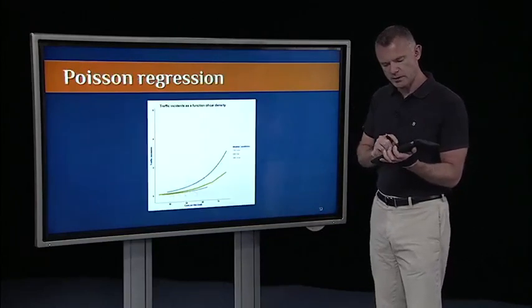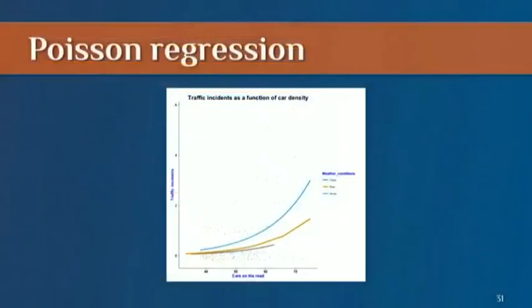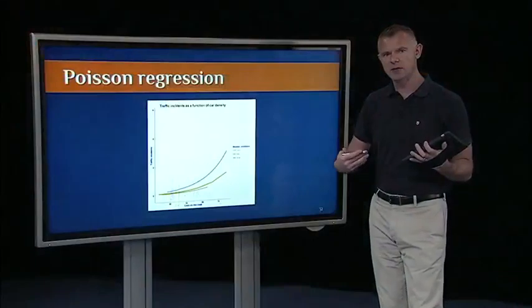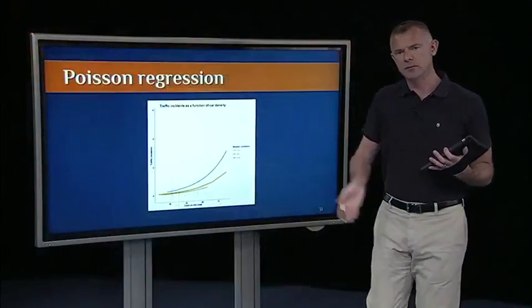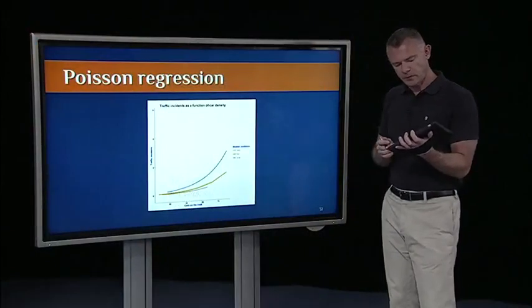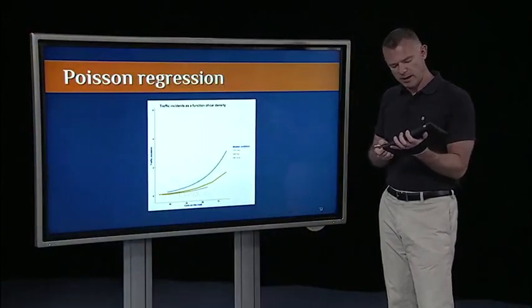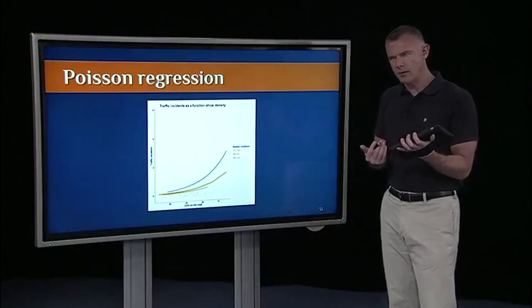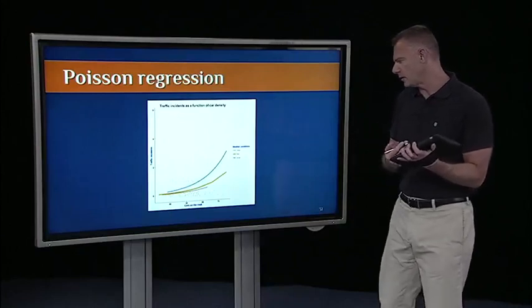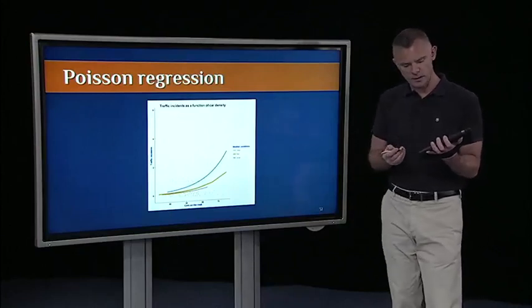So under clear weather, under rain, under snow. What you typically observe with Poisson distributions is you don't get normal distributions. You get distributions that look like the ones in this graph, because we're dealing with count data. They're cumulative. In this example, we're looking at the number of traffic accidents as a function of weather conditions.